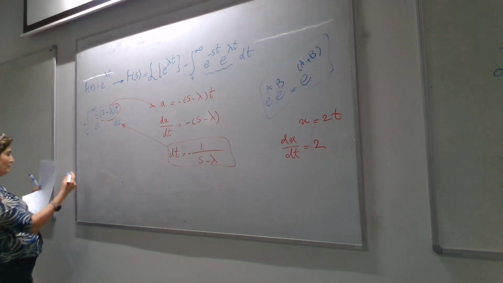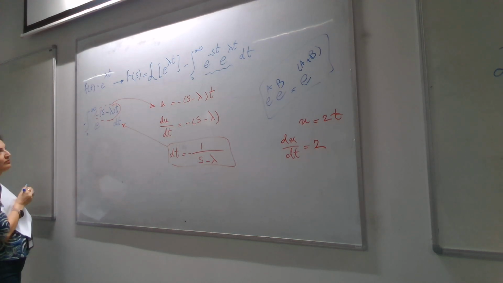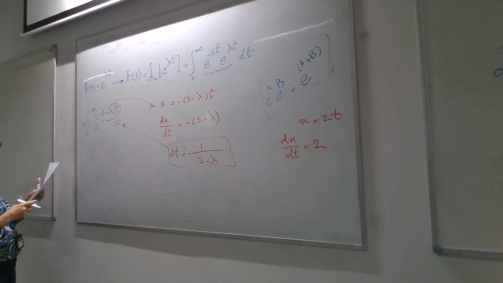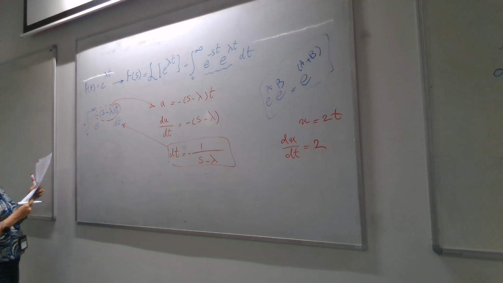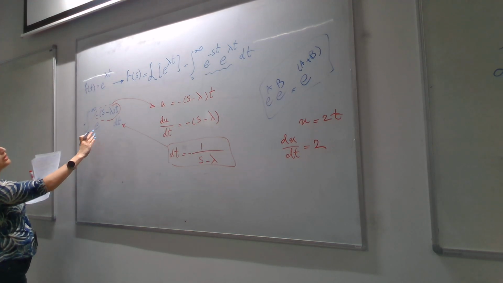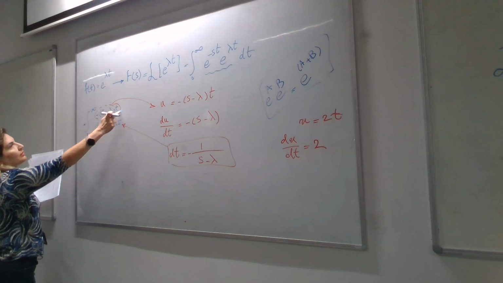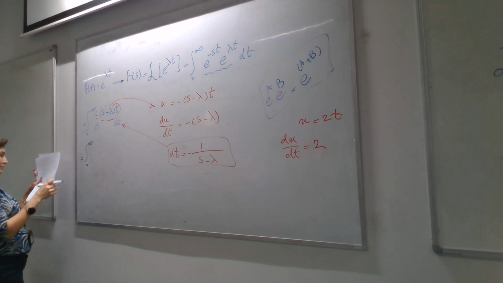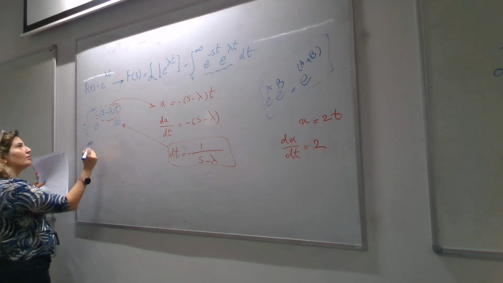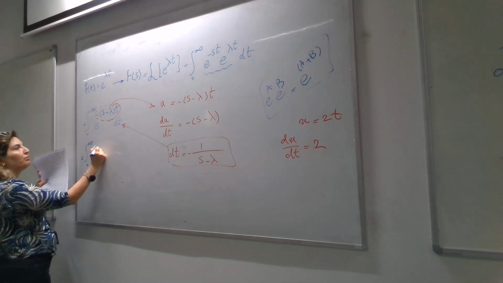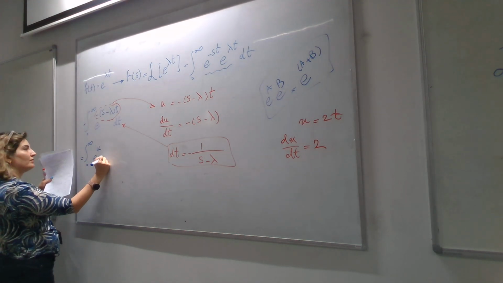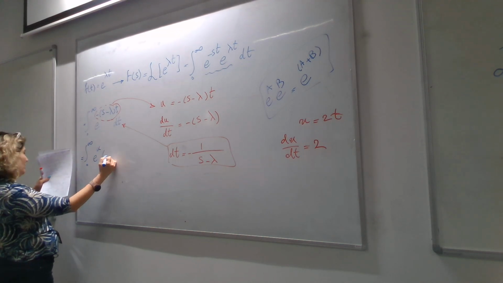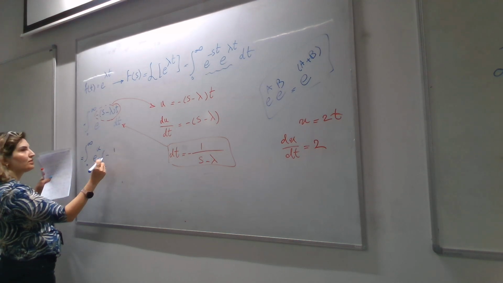So now this part, if I rewrite it again, I call it u. So it will be e to the u. And then if I substitute dt, it's going to be minus 1.